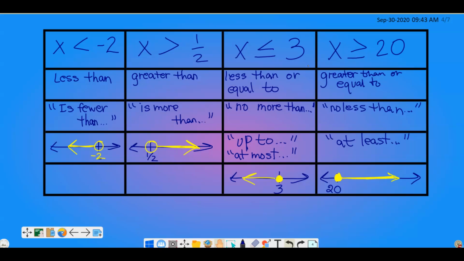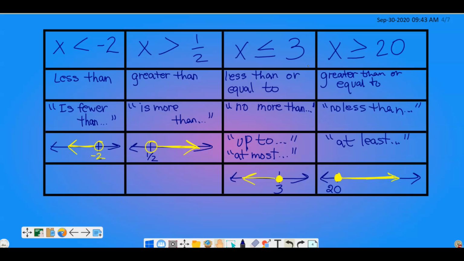Here we go with our last example. X is greater than or equal to 20. So here it is written in words in the next box down, greater than or equal to. And two other ways that you will see this written are no less than and at least.